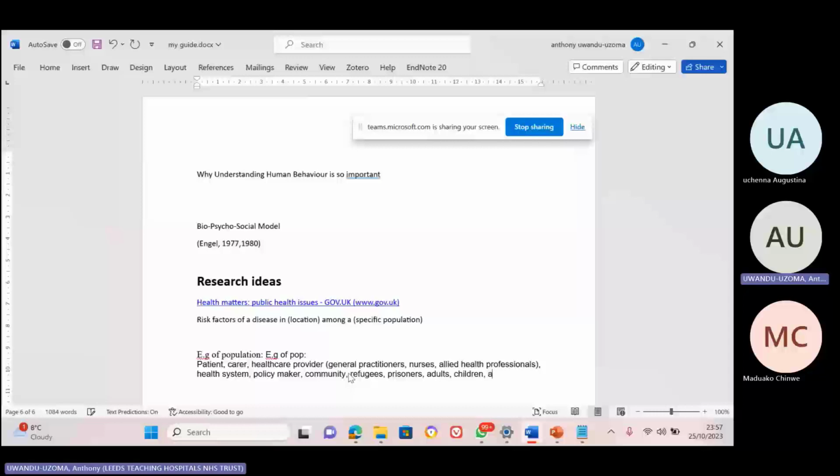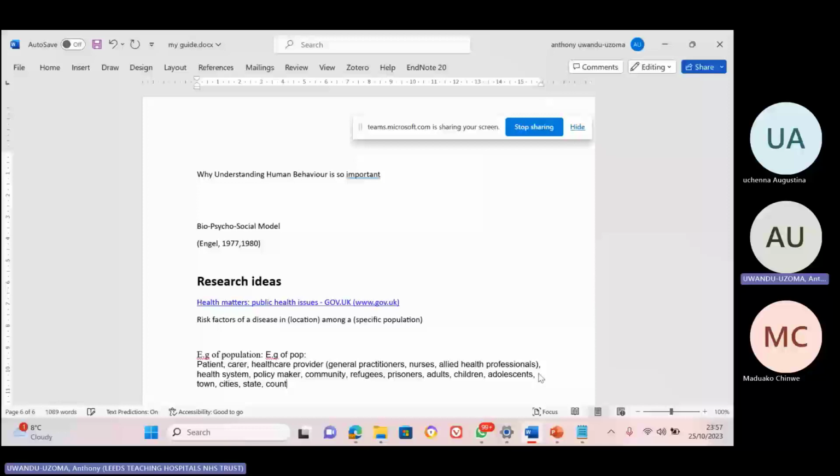Okay, it can be towns or cities. It can be states or country. These are all populations. So that is an example of a topic.